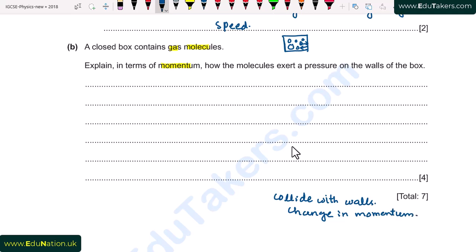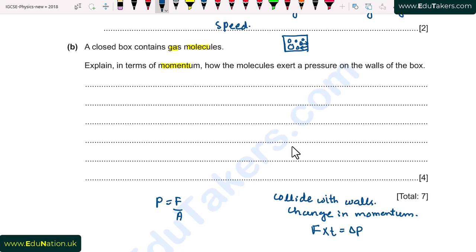So when there is change in momentum, then we know that F times t is equal to delta P, or we can simply say that force is equal to rate of change of momentum. So there will be the force that is exerted on the molecules, and also we know that pressure is equal to force per unit area. When there is force, there will be the creation of pressure, and the molecule exert pressure on walls.